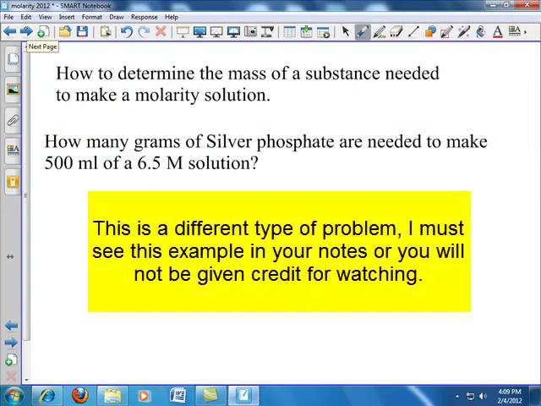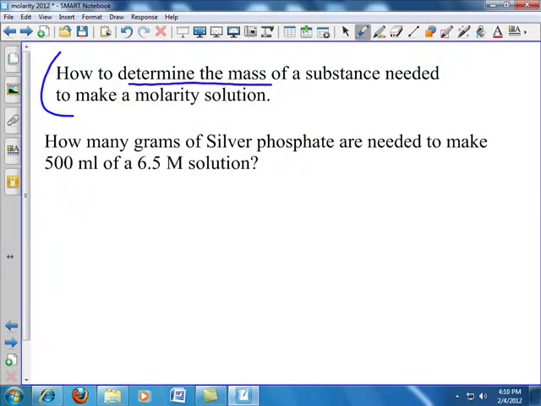Now, we're going to switch this up a little bit, and what we're going to do now is change this to figure out how could I determine the mass of a substance that I would need to actually make a molar solution. Okay? I need to see this problem in your notes. So make sure you go ahead and write this one down.